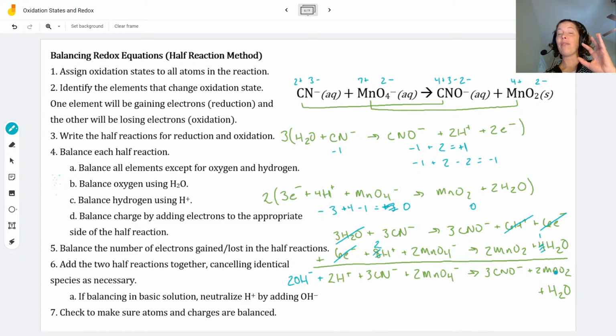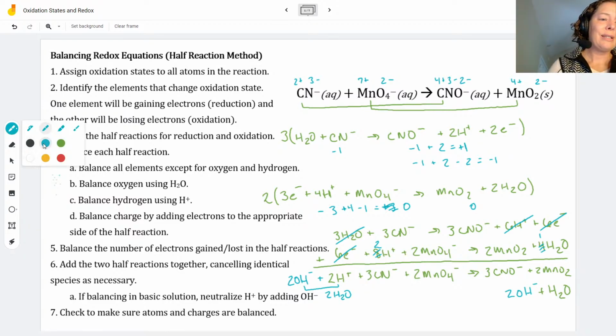Whatever I do on the reactant side, I have to also do on the product side, so I'm going to add 2 hydroxide to the product side. This 2 hydroxide plus 2 protons make 2 waters. Those 2 species come together, neutralize, and form 2 water molecules.